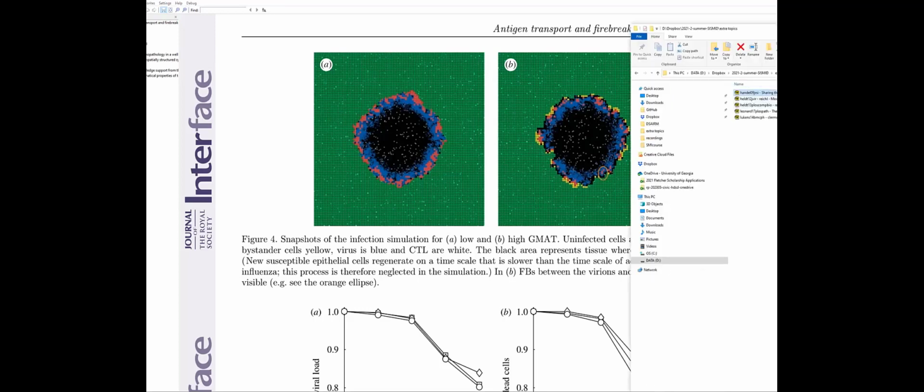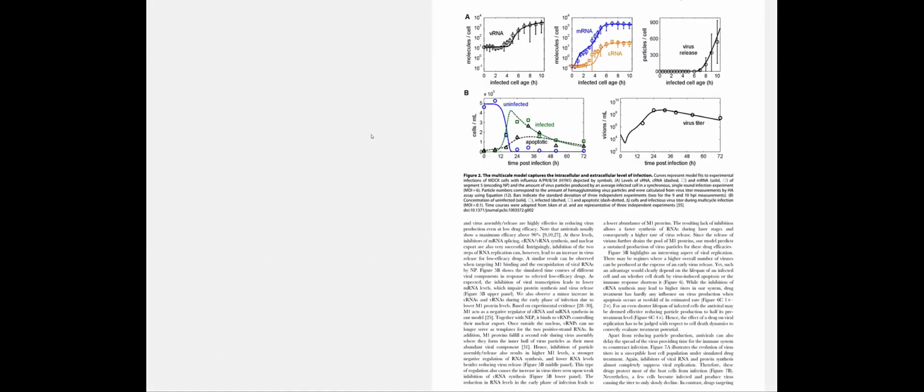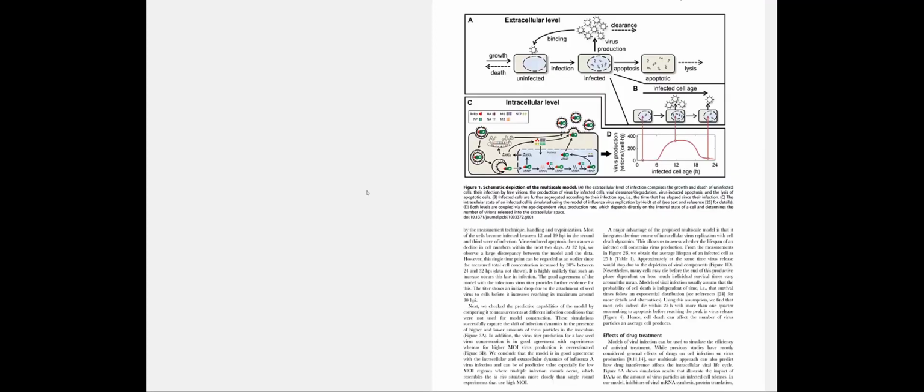And so the paper I'm showing you here is a multi-scale model again, but now the two scales are the one we just saw, the individual host, and then inside the cell. They have a nice graphic here. You can see they have the uninfected cells, infected cells, virus.